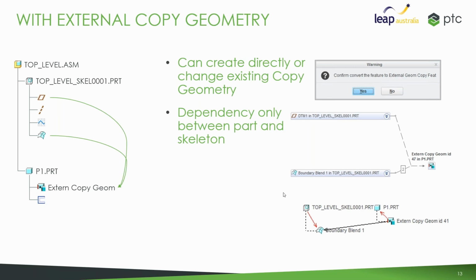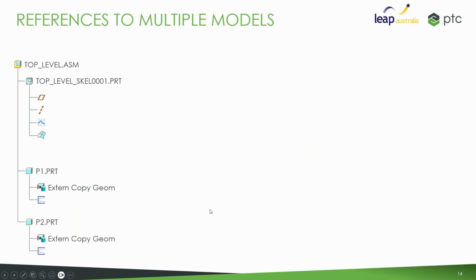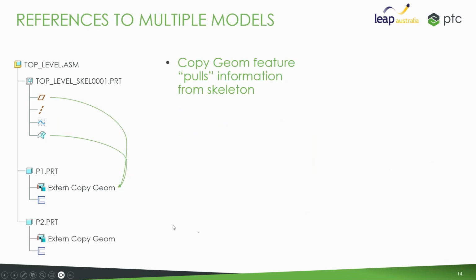Hope that makes sense. Okay, so if we add an additional part, then it can copy things in too. We don't have to copy the same information into each file. So you can see in this case, we're bringing in the surface. Oh, it's hard to tell there, isn't it? And maybe the plane. In the other case, we're bringing through other things.